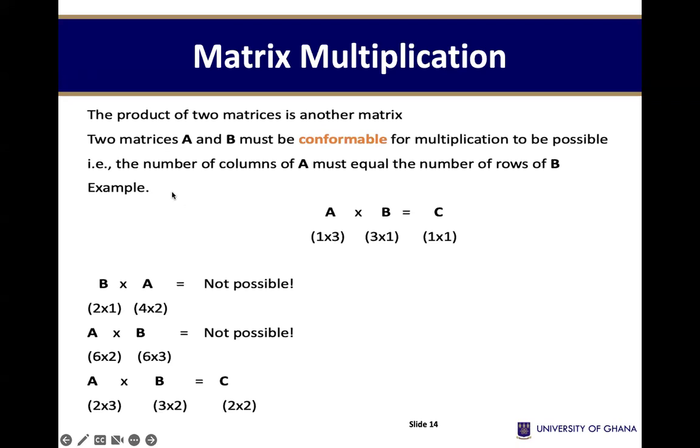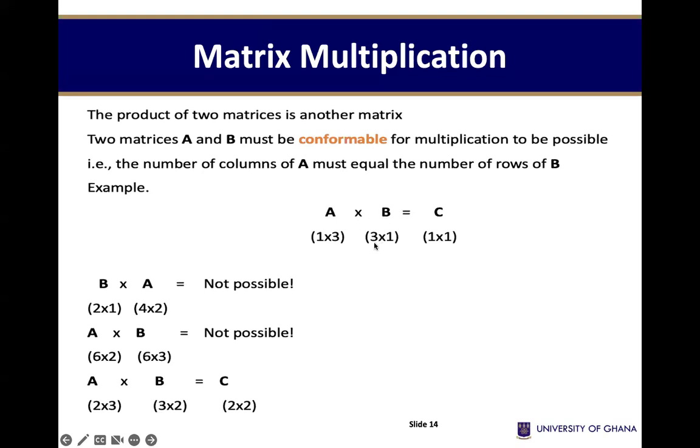Let's say I'm multiplying two matrices, A and B, right? For the inner dimensions to agree, which is basically the same as saying they must be conformable, the number of columns in the first matrix A should be equivalent to the number of rows in the second matrix B. So for example, I'm going to multiply matrix A and then matrix B. Matrix A has a dimension of 1 by 3.